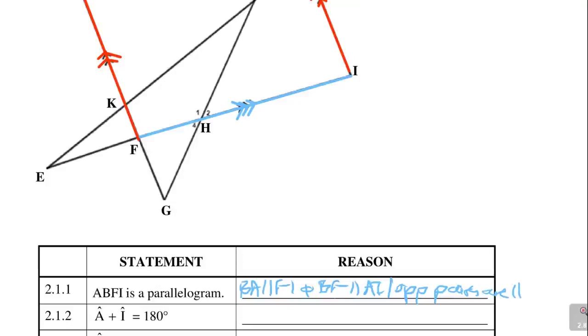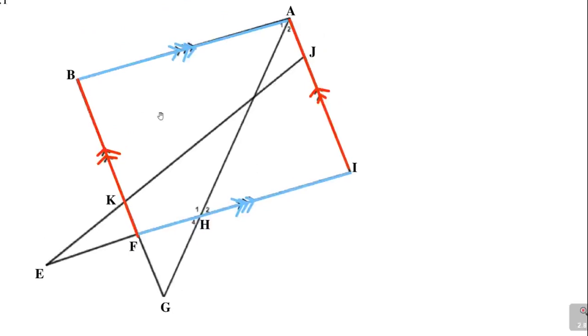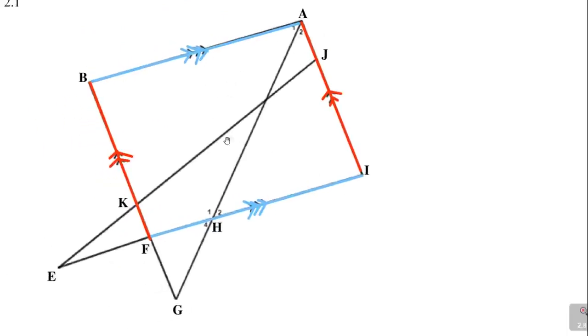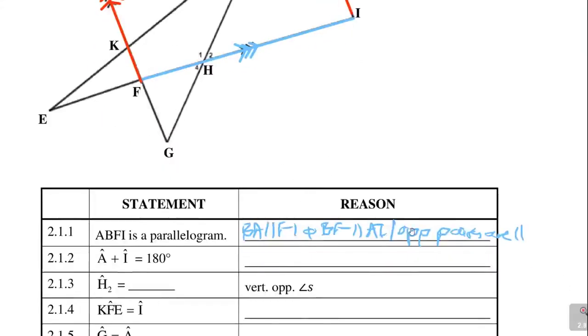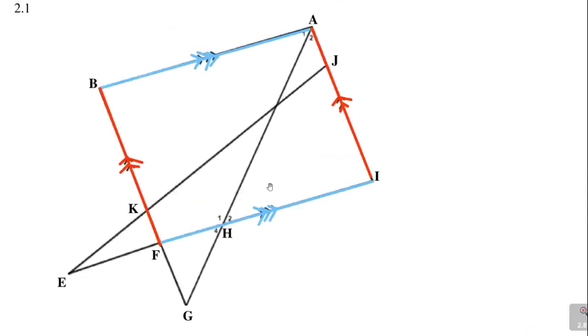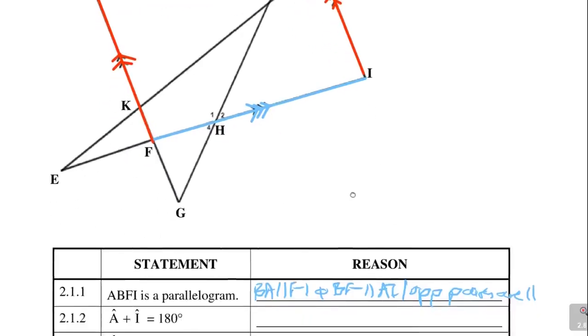You can state it, or you can just tell us to say the opposite pairs or the opposite sides. Opposite sides are what? Are parallel. Alright, the opposite sides, but there is the pairing I want. The opposite pairs. By saying pairs, you're saying AB and IF and BF and AI. The opposite pairs are parallel.